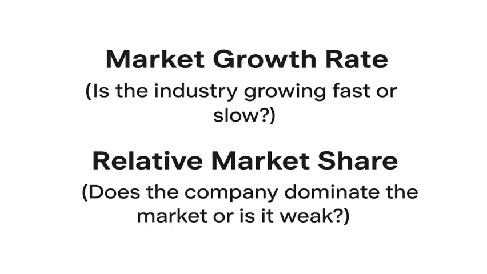So market share can also be calculated based on the revenue, based on the customers, based on the units sold. But this sales revenue method is the most common method that I have elaborated.